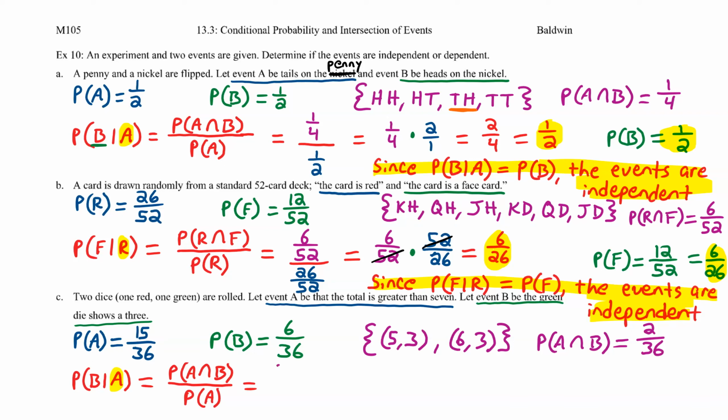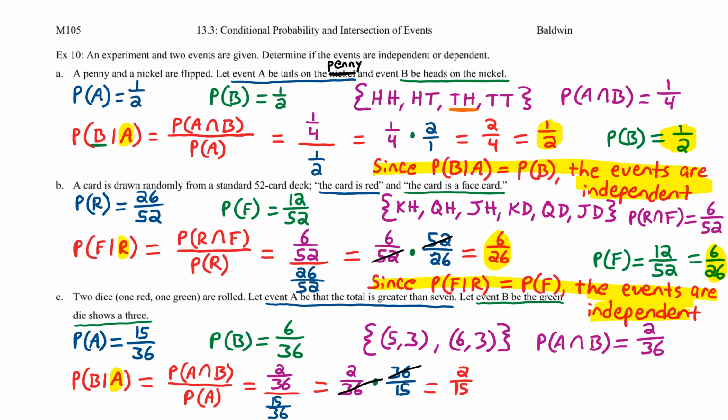We said the intersection is 2 over 36 divided by event A, which is 15 over 36. And so then we do our keep, change, flip. So we keep the fraction in the numerator. We change our operation to multiplication, and we take the reciprocal of the fraction in the denominator. When we simplify, the 36's will divide out, and that's going to leave us with 2 over 15.